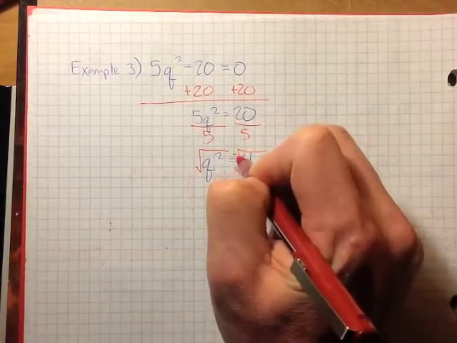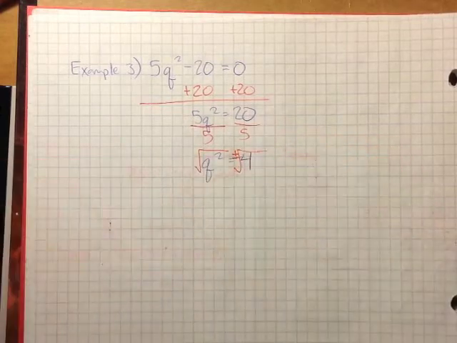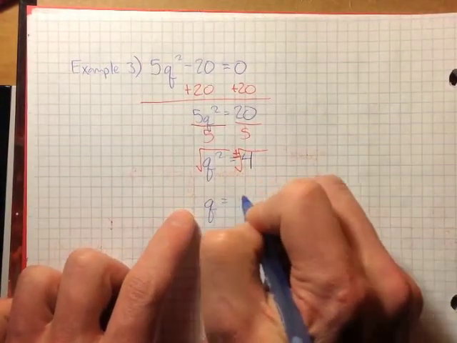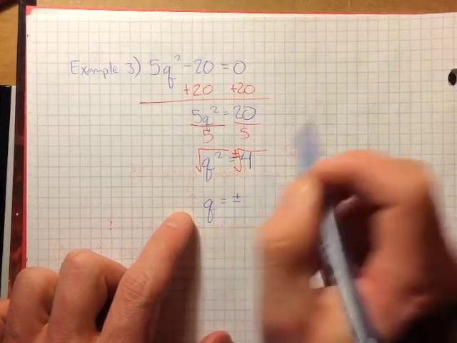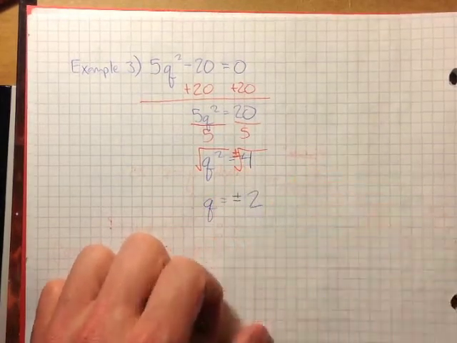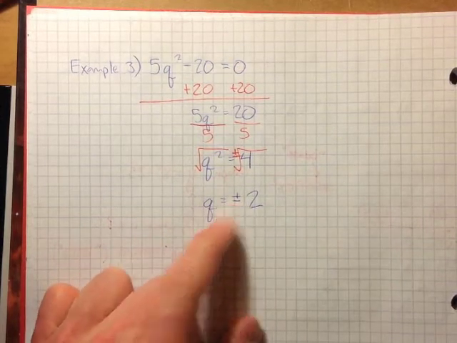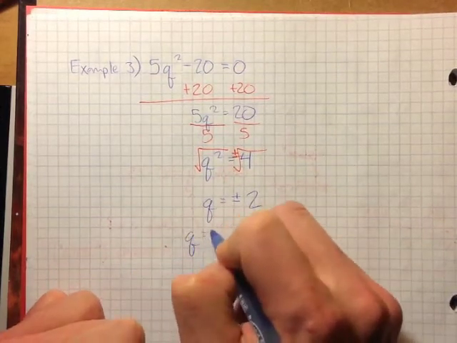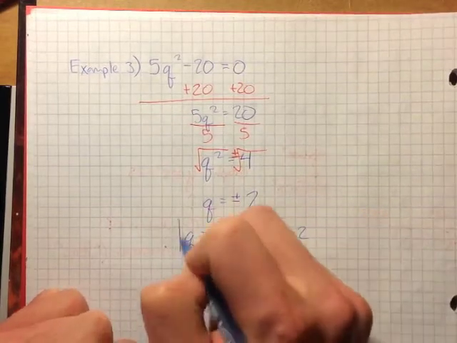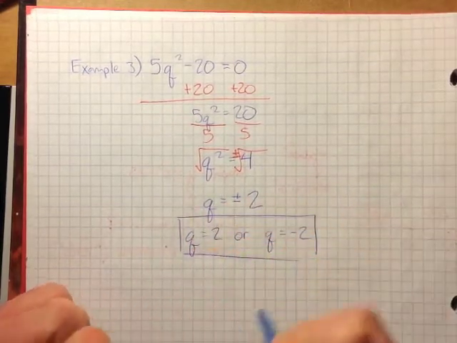We need a plus or minus out here. So q equals plus or minus square root of 4 is 2. So the solutions are +2 or -2. Okay? That was a pretty easy one.